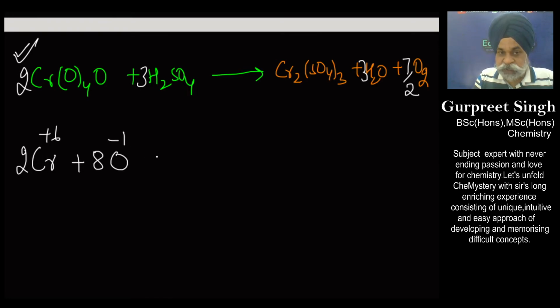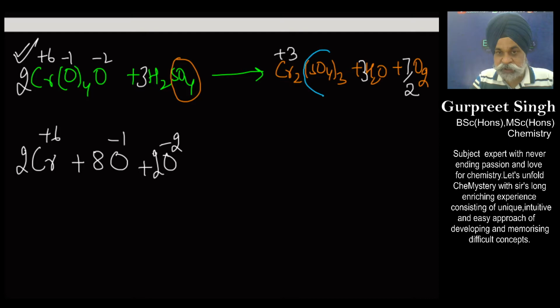8 oxygens are of -1 and 2 oxygens are of -2. Now here what you are seeing is chromium +6, -1, -2. Who is undergoing change in oxidation state? This chromium goes to +3, and sulfate, all the entities related to sulfate, remain as such. So there are 3 sulfates on this side, and 3 sulfates on the other side.